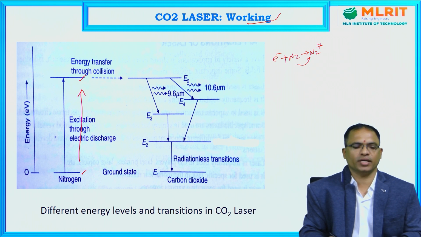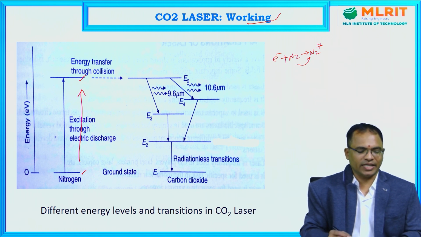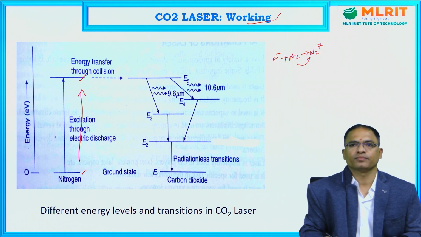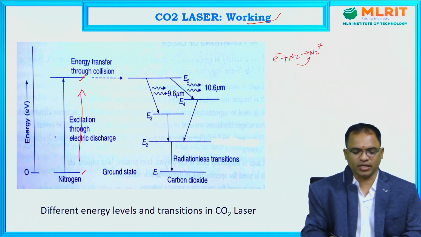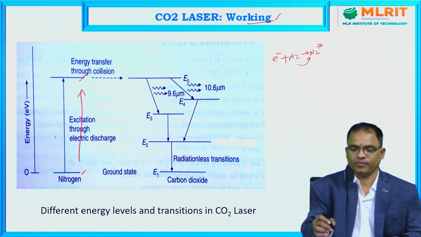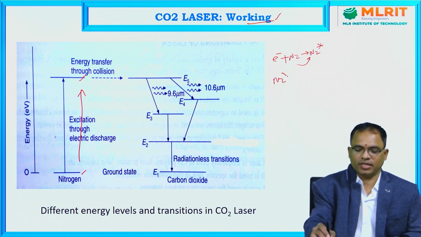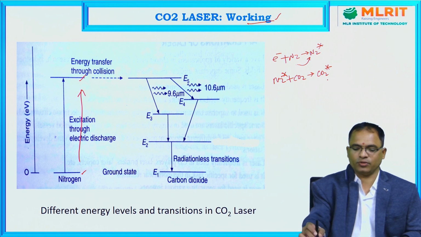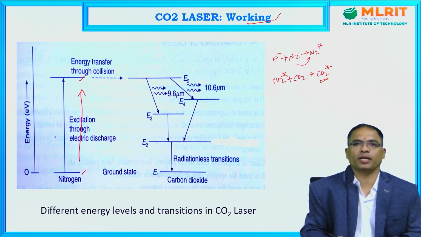Through that process, the excited nitrogen molecules supply energy, or stimulate ground state carbon dioxide molecules, so that they move from the ground state to the excited state E5 here. Here CO2 star represents excited carbon dioxide molecules.